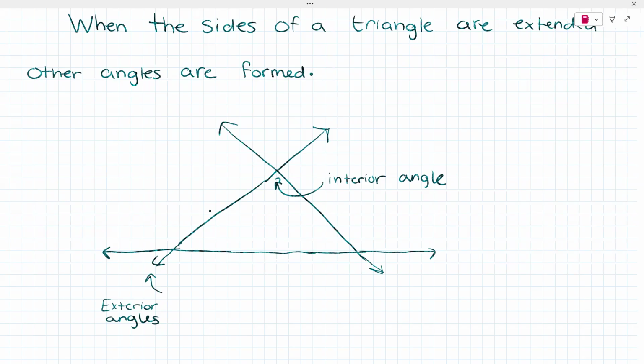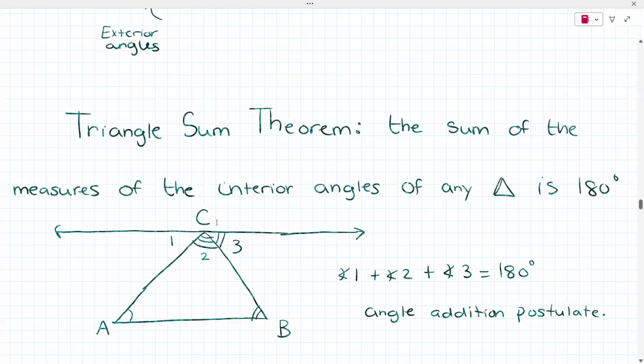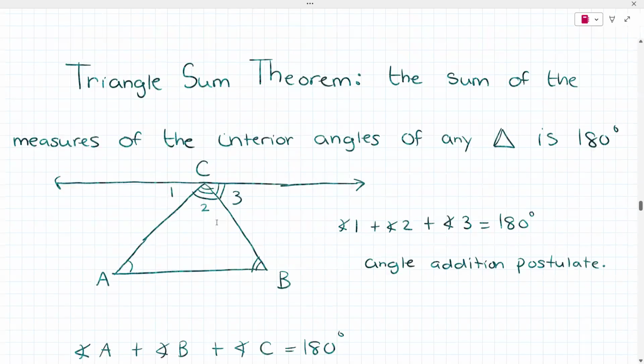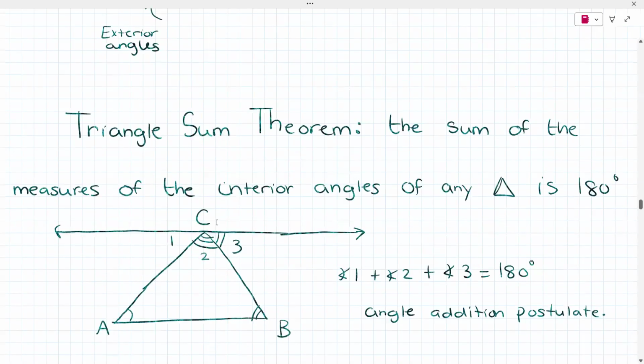And this relates to the triangle sum theorem. In the triangle sum theorem, the sum of the measures of the interior angles of any triangle is 180 degrees. So basically, inside a triangle, if you add up all the interior angles, it should add up to 180. That's what the triangle sum theorem means.